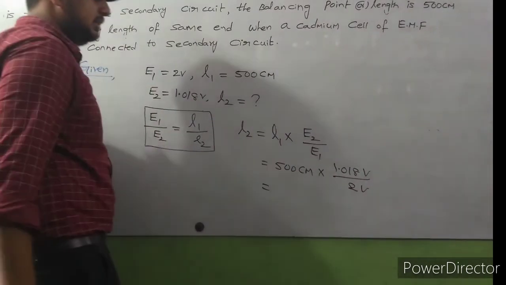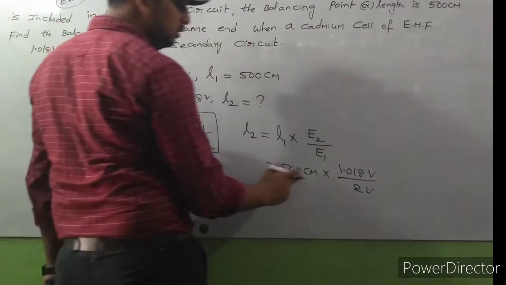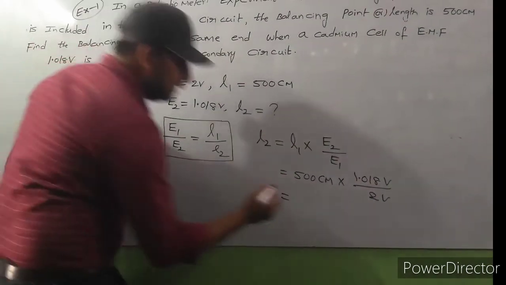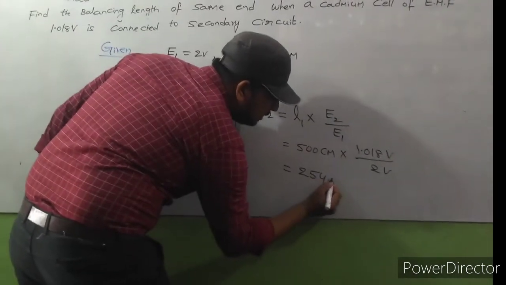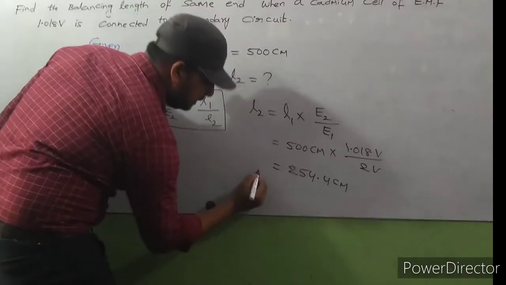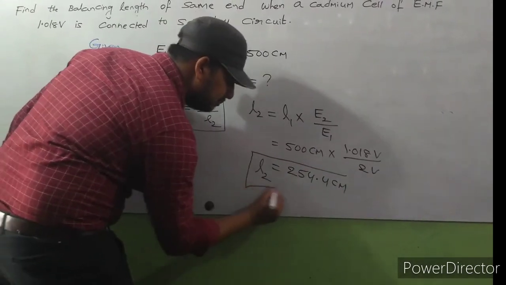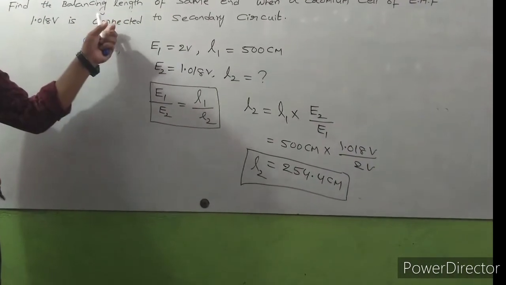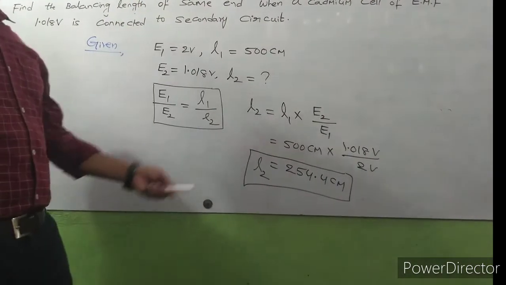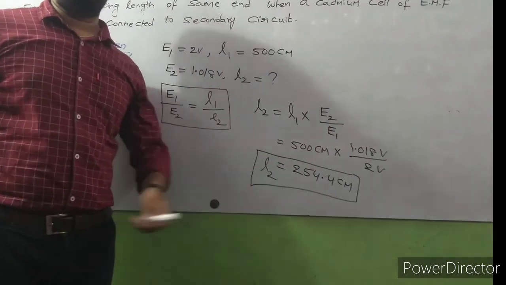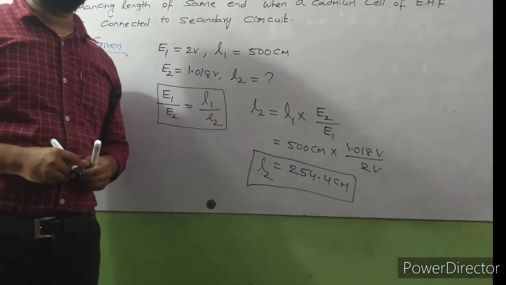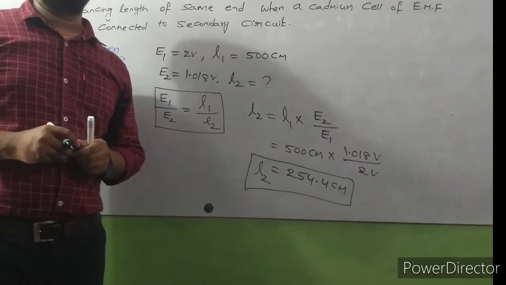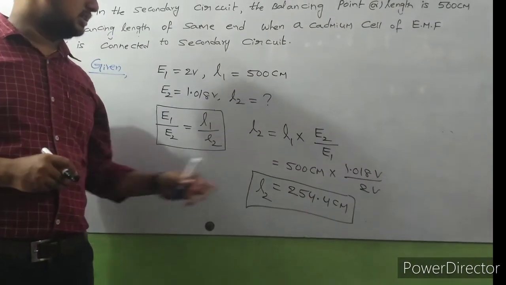So if you calculate this, 500 into 1.018 by 2, we will get 254.4 centimeters. So the balancing length of the second cell, the cadmium cell, is L2 equal to 254.4 centimeters. So this is a numerical based upon comparison of EMF of two cells. So this is the solution.